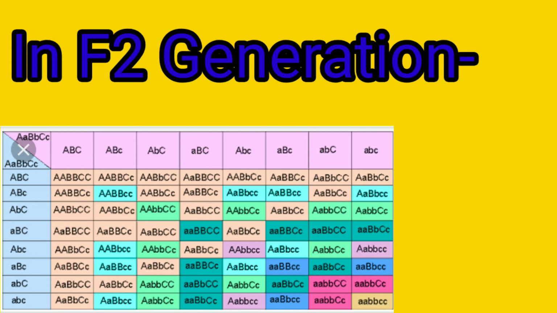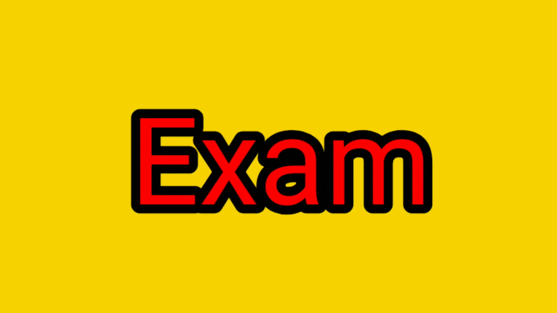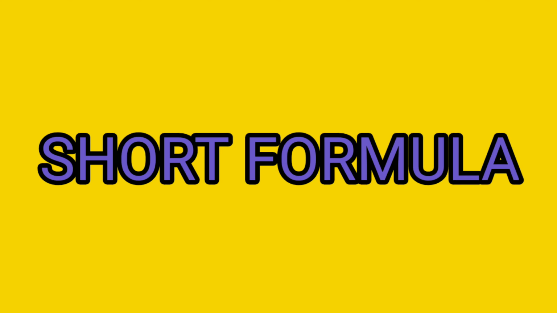By plotting these gametes in a Punnett square, we can find the phenotypic and genotypic ratios in the F2 generation also. But as we are preparing for an exam and don't have time to work out the ratio, we have a short formula by which we can reach this ratio.